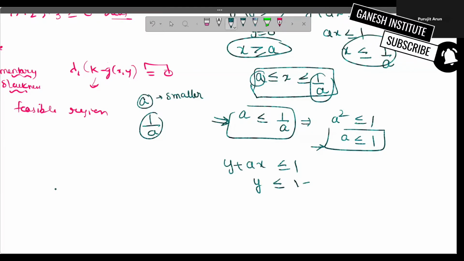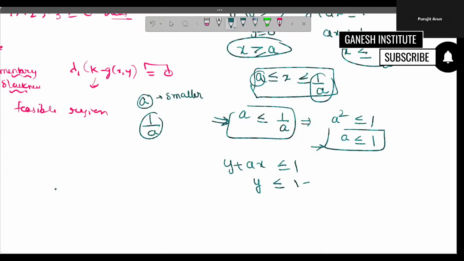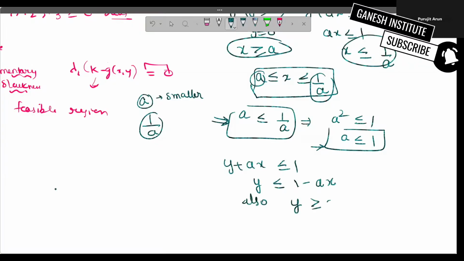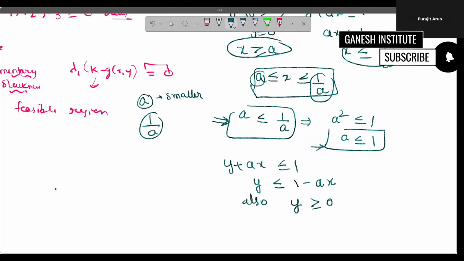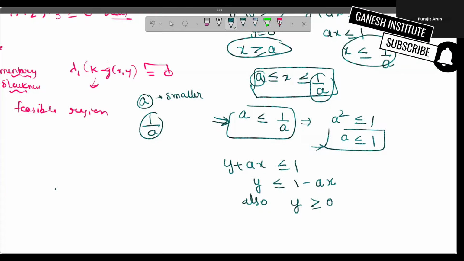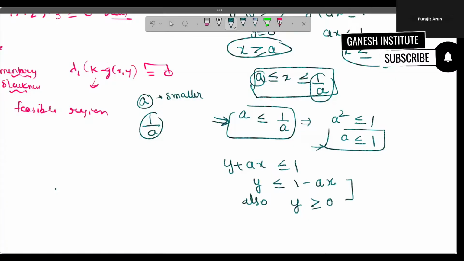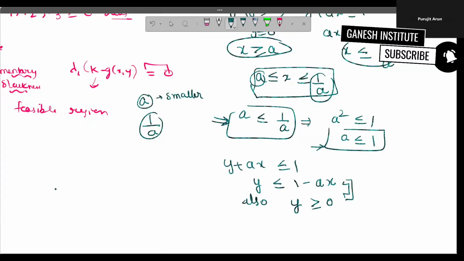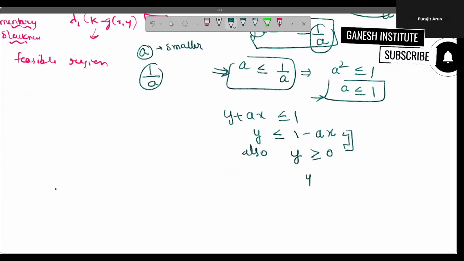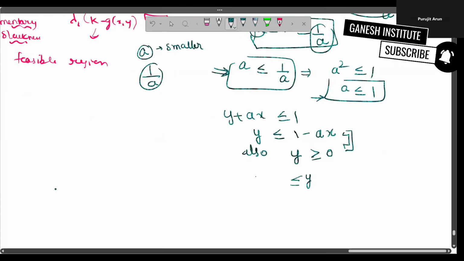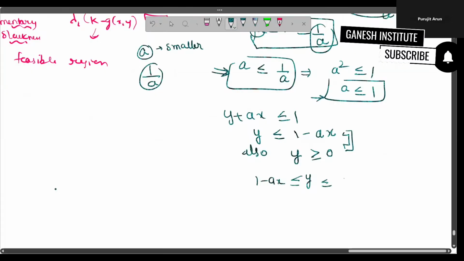Also, y is greater than or equal to 0. So this is the condition that y lies between 0 and 1 minus ax.